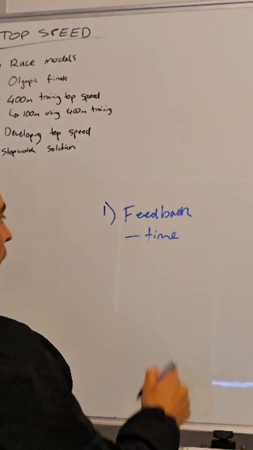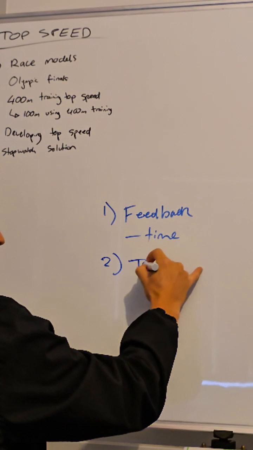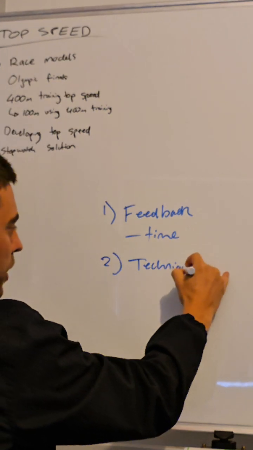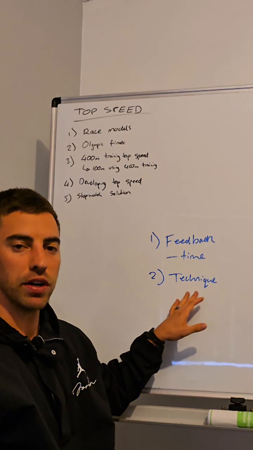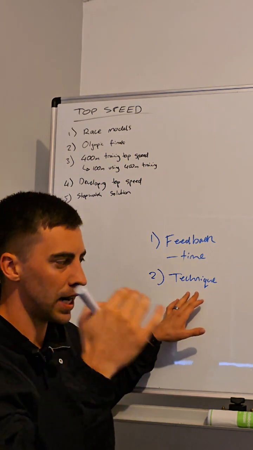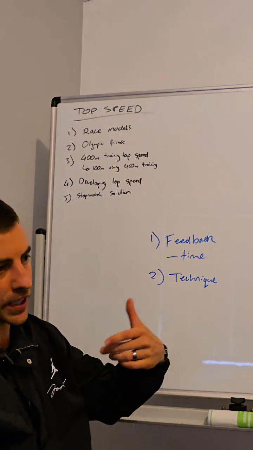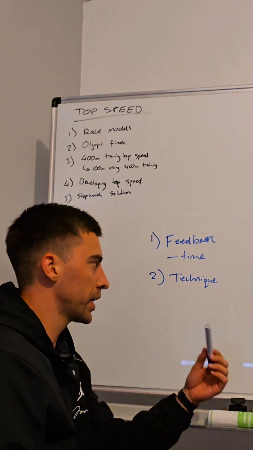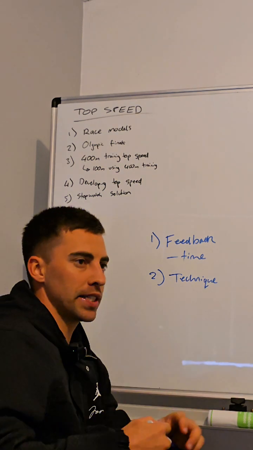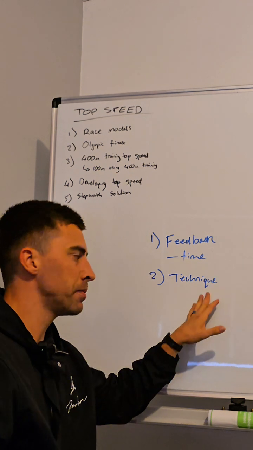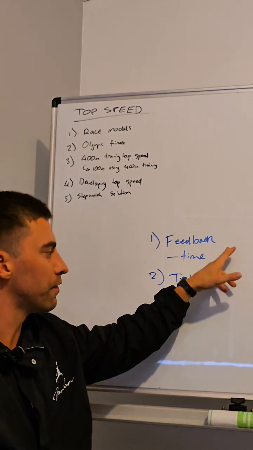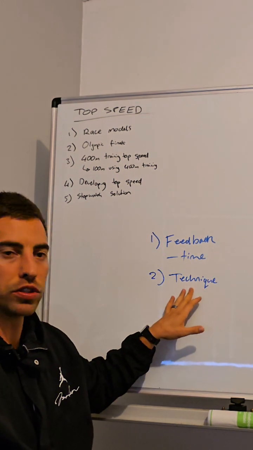And so I'll put technique here. I believe the best way to develop technique for top speed is to do drills that have certain constraints built in, whether it's a task or something everyone knows, like wickets. If you're running over wickets, you have to adjust how you're moving your body. So if you did timed wickets, that would be an example of getting feedback for a technical solution that you want.